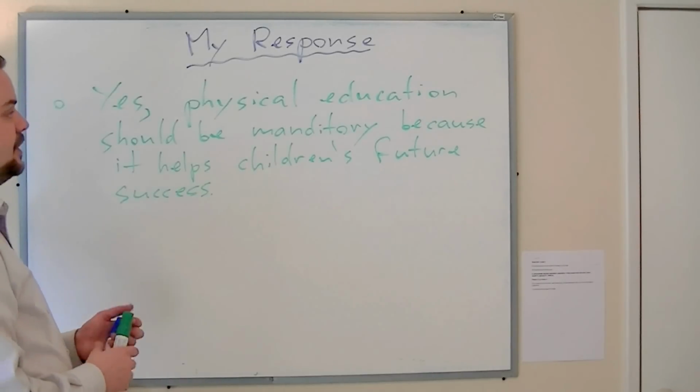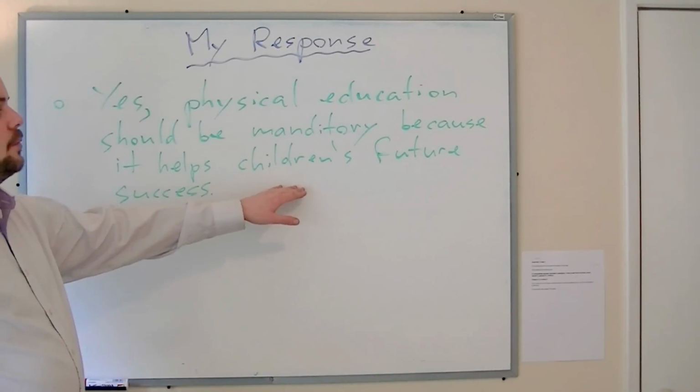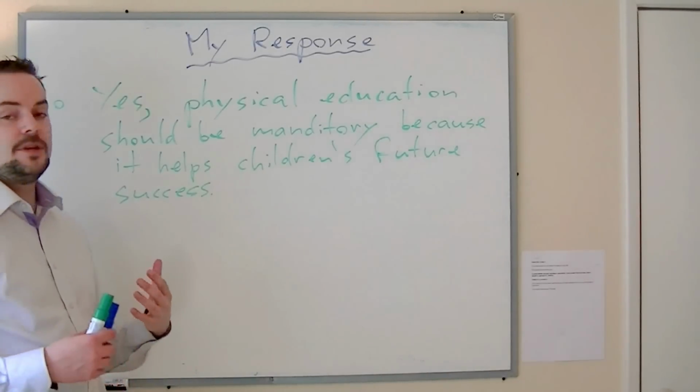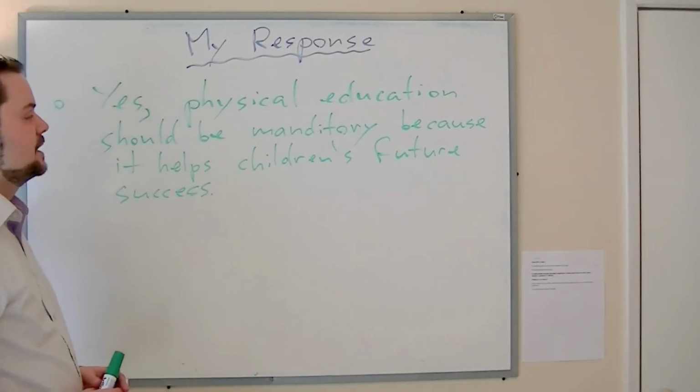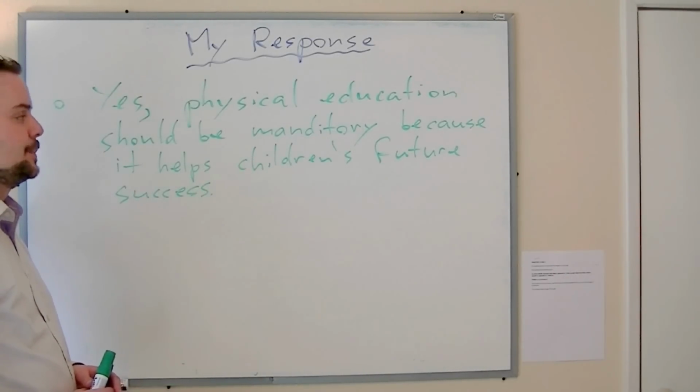So I have a very clear idea of my own opinion and what I'm going to write. Now I'm ready to put together the introduction, the body paragraphs, and the conclusion. We'll look at those when we talk about structure.